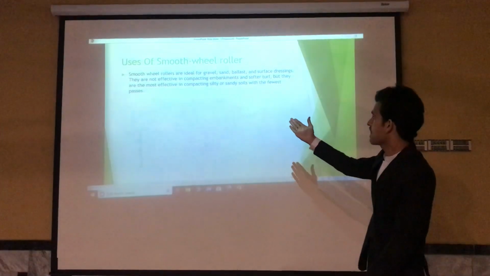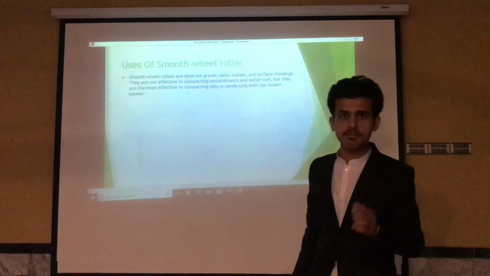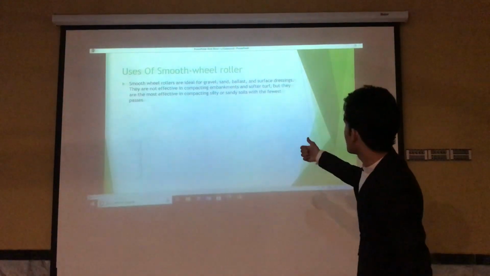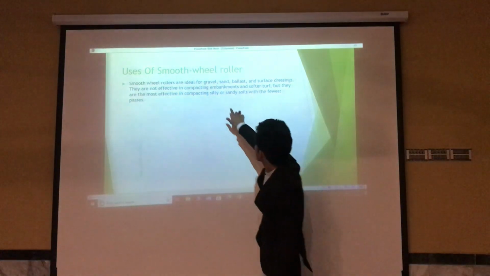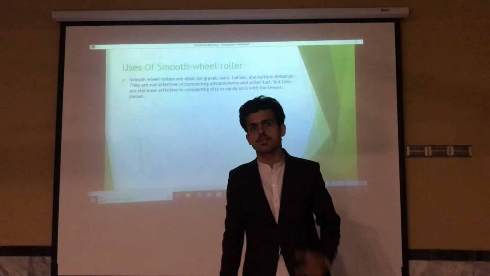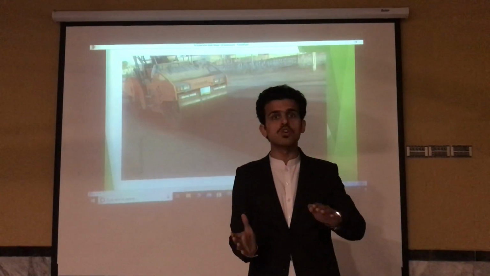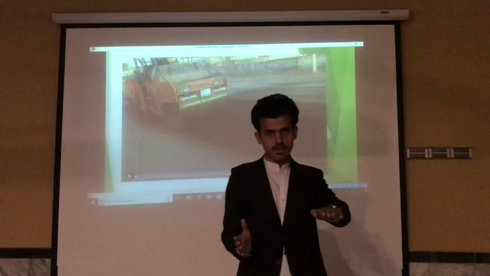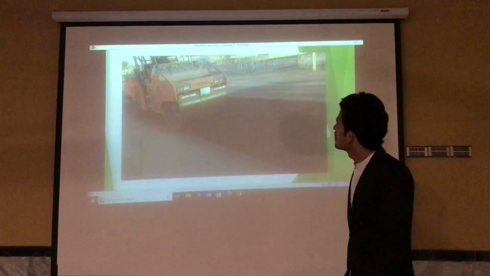They are not effective in compacting embankments, and softer, tougher soils, but they are most effective in compacting silty and sandy soils with the fewest passes. Next. Fewest passes means that you have to move it front and back in minimum time. Next.